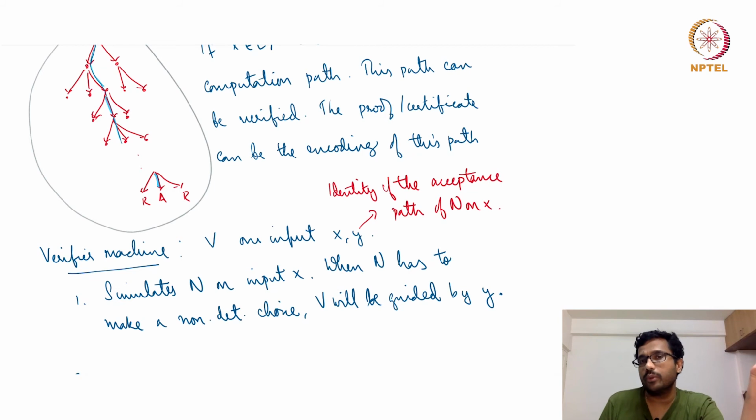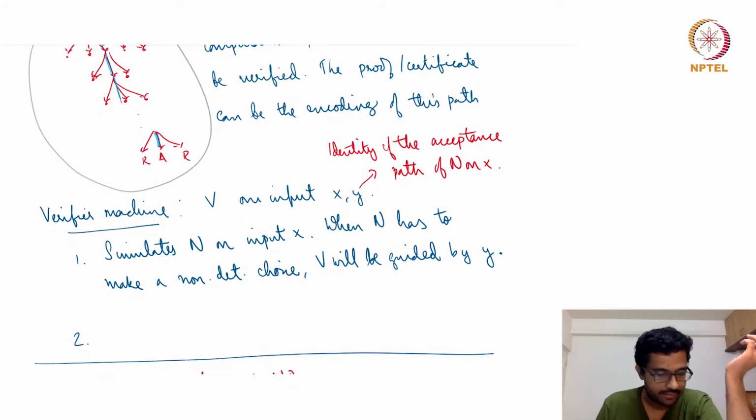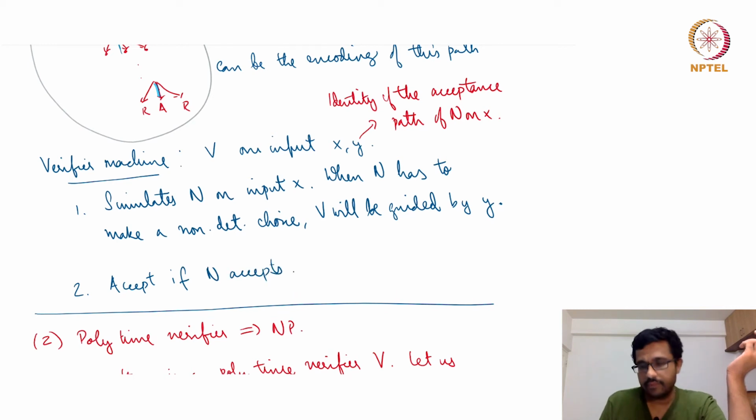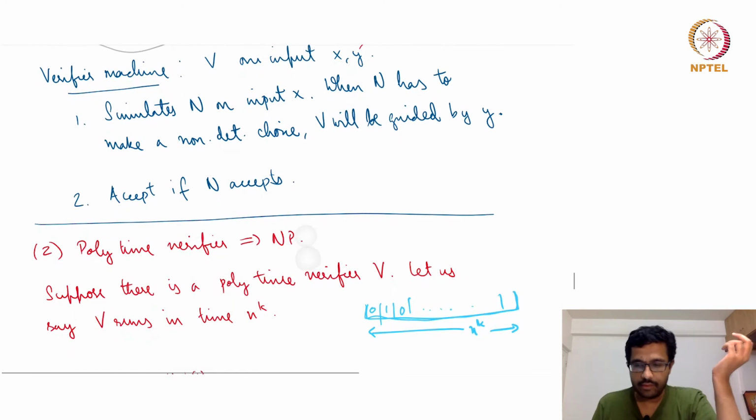So whatever y you give, we cannot be convinced to accept x, because all the y's lead to reject. And accept if N accepts, right?